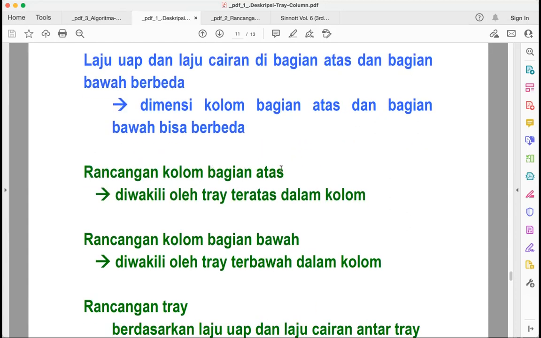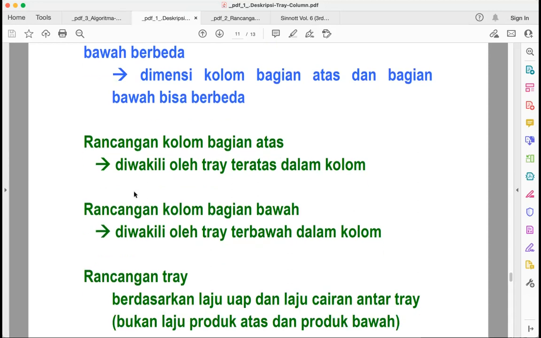So the tray column design of the top part is represented by the top tray. We have to check the composition and also the properties of the top tray of the column, and then we will use those as the design.